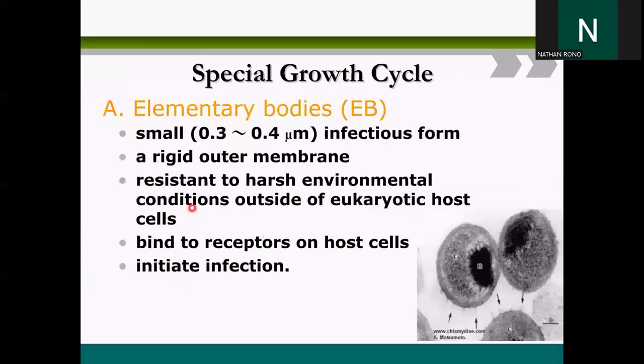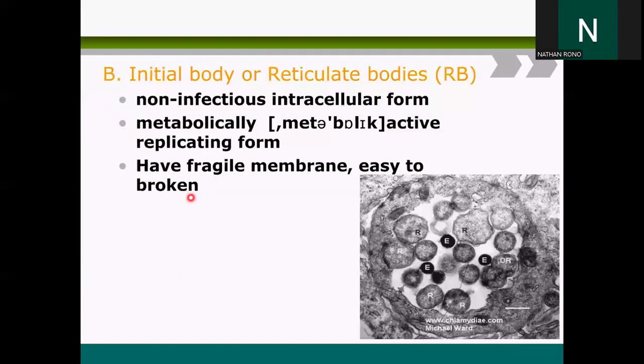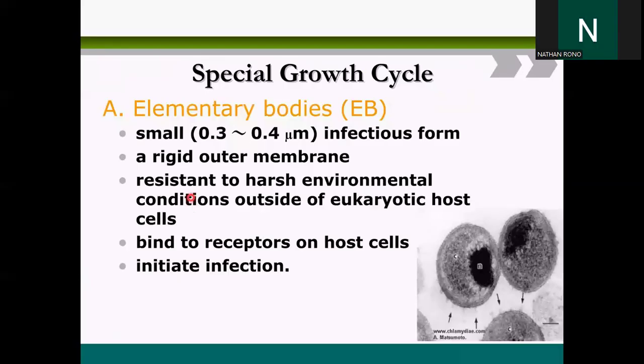We start with the special growth cycle. So this is very high yield. You should know this. The elementary bodies and the reticulate bodies. Now, let's start with the elementary bodies. These are small, 0.3 to 4 micrometers, the infectious form.